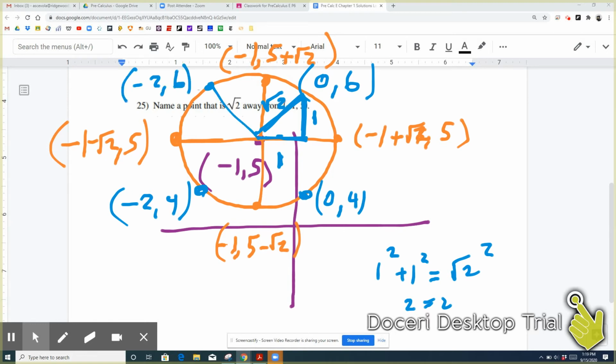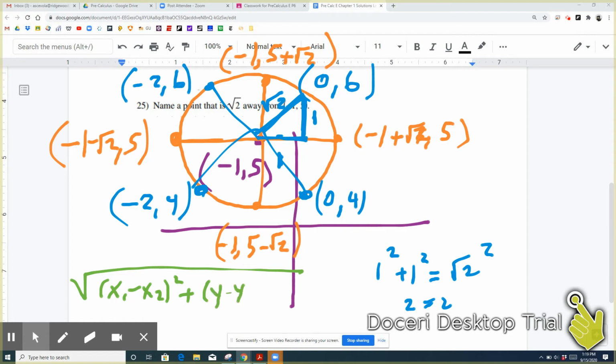And then the other way would be to use the distance formula. The distance formula is the square root of the change in x squared plus the change in y squared equals the distance.